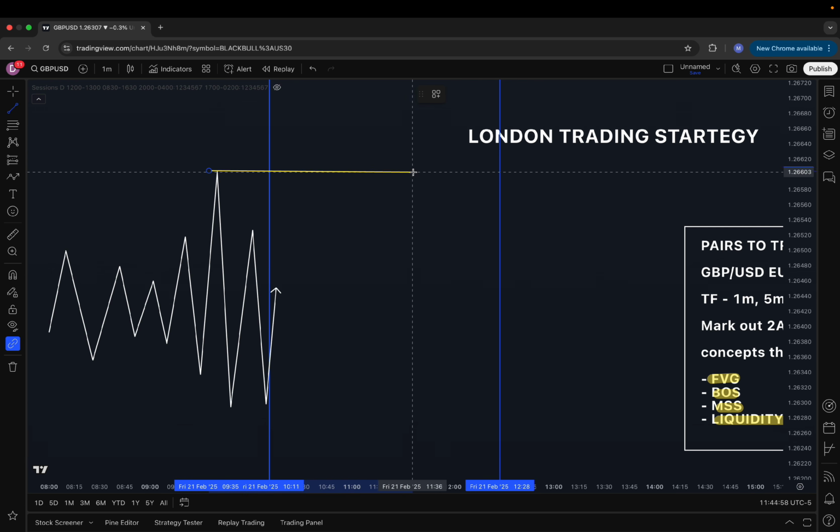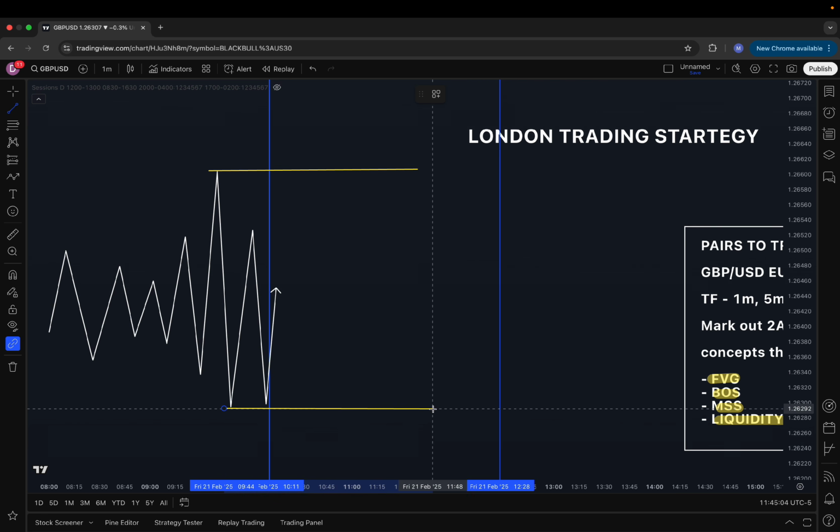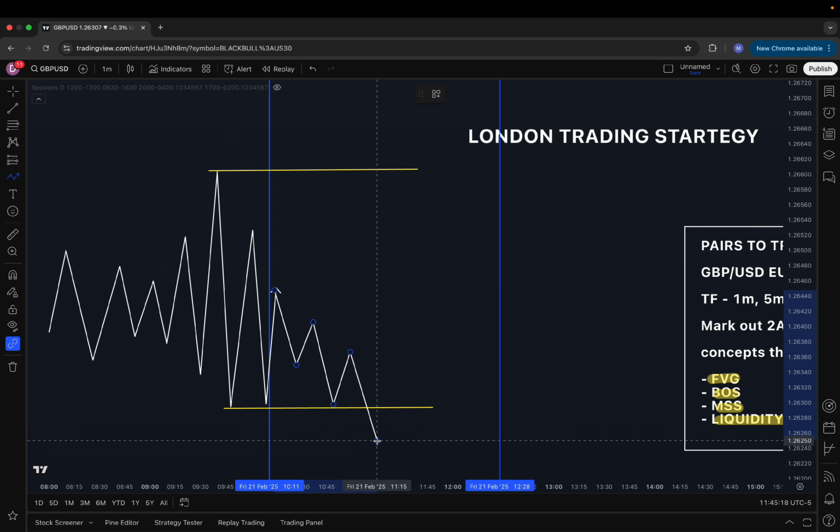So this is our high and this is our low. Now simply what we're waiting for is price to either take out this low or this high. For the sake of this example, let's pretend that it takes out this low.